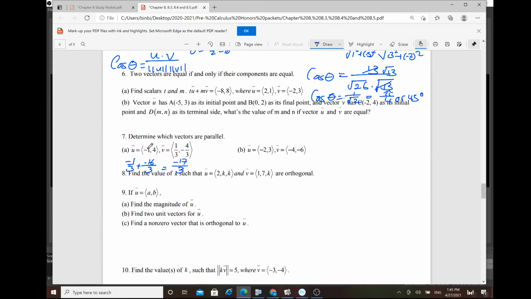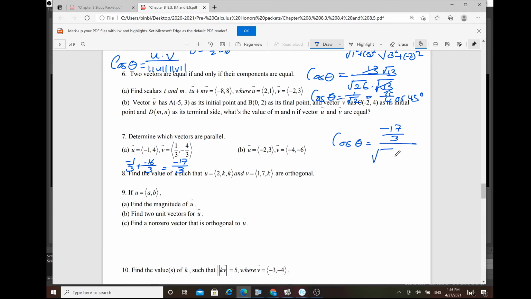Okay, so check that one more time. -1 times 1/3, -1/3. 4 times -4/3, -16 over 3. Combine them, -17 over 3. And then what you need to do here is cosine of theta, the dot product, -17 over 3, divided by the magnitude of vector u.